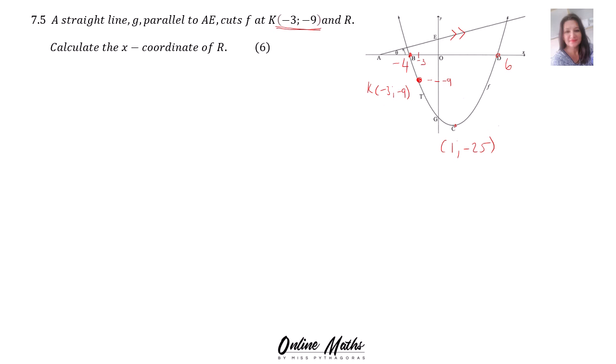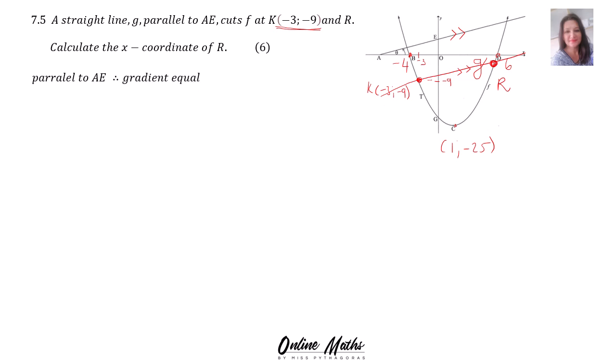And then what we know about it is that it is parallel to this line AE. So where shall we start? Let's start at finding the equation of G, because we are in fact looking for this point R, where the two graphs cut, the straight line and the parabola.